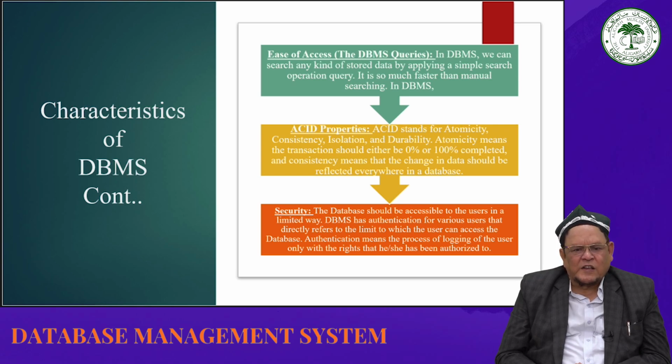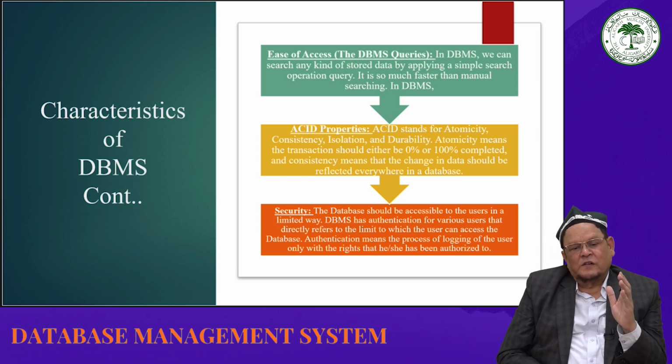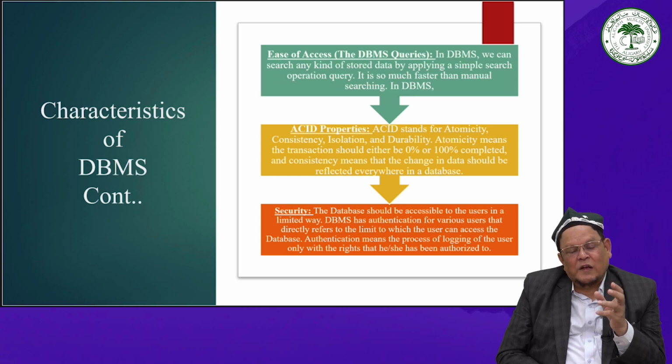The database should be accessible to the user in a limited way. You have to grant permissions, and depending on the situation you have to revoke them. Sometimes you give permissions so that users can only access particular objects of the system and only retrieve information. Take the example of a bank system.